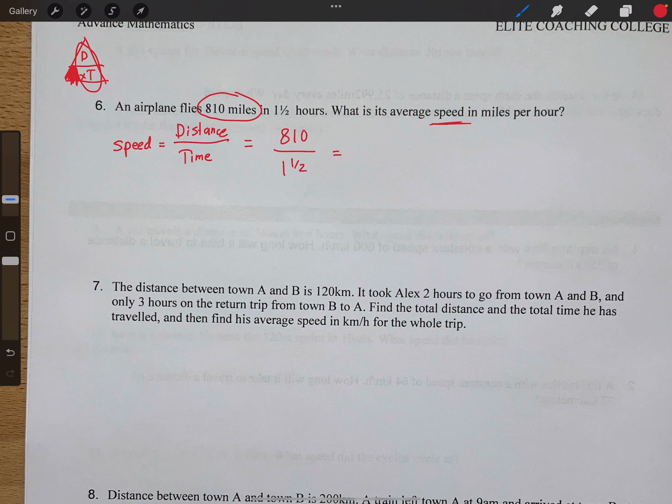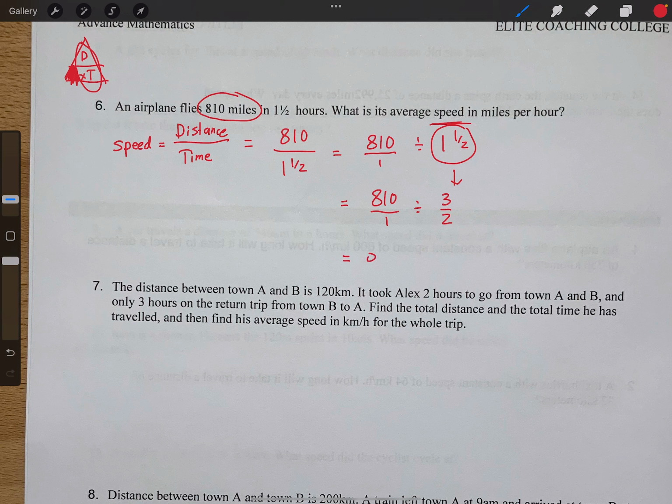And let's divide this using the fraction method. So we write 810 divided by 1.5. Now 810 is 810 over 1. So that's 810 over 1 divided by, now we're going to change this one into an improper fraction. You can't leave it like this. So you're going to have 3 over 2.